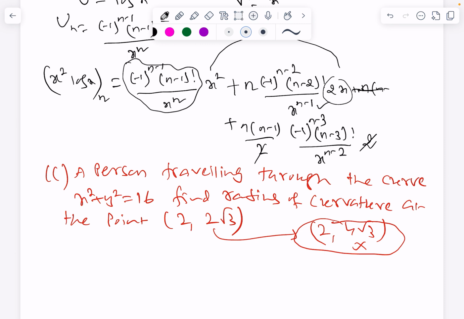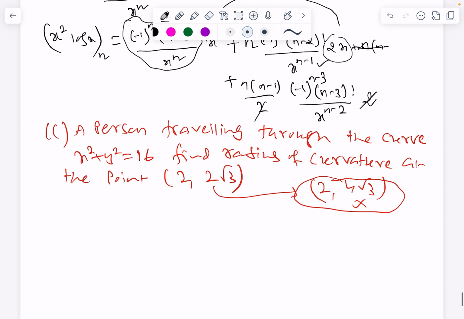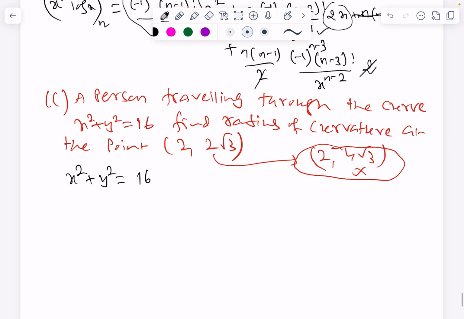Now see, here the curve is x square plus y square equal to 16. We know to find radius of curvature we need to find y1, y2, and then we need to put them in the formula. So let us differentiate. So this is 2x plus 2y dy by dx equal to 0.